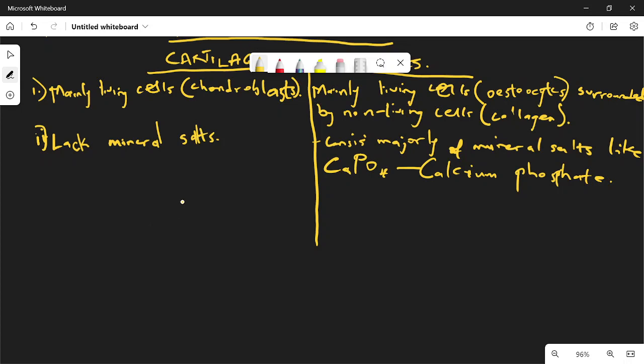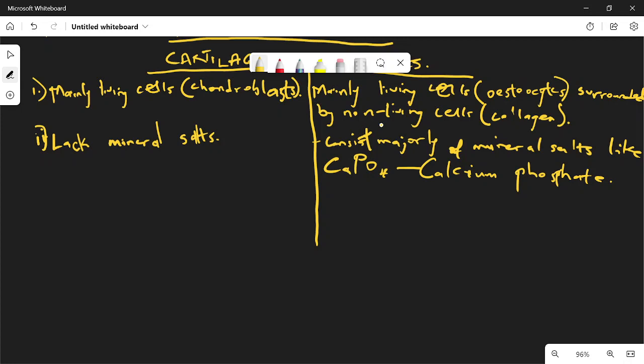So, like I was saying, the cartilages do not have mineral salts in them. They lack mineral salts. But the bones consist of mineral salts like the calcium phosphate. We already said that earlier on.